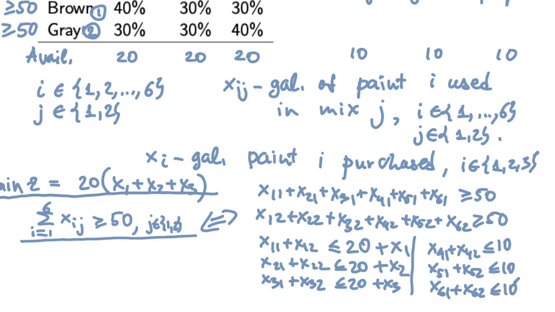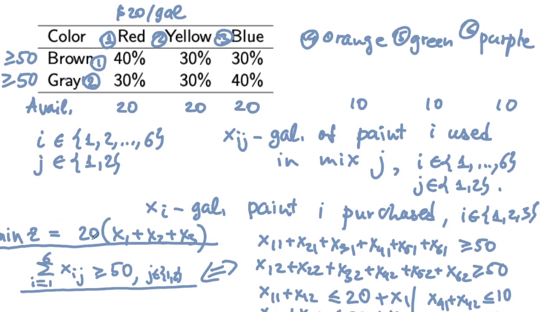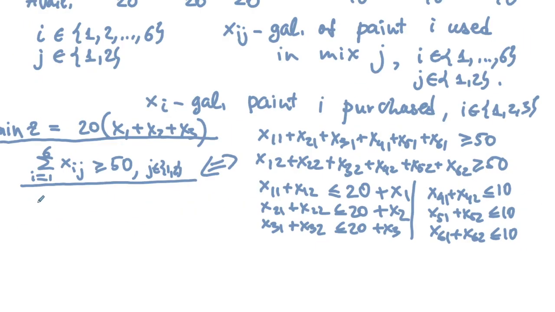Again, we could have written all these 6 constraints in a much more compact fashion. For primary colors, we have xi1 plus xi2 is less than or equal to 20 plus xi. This is for i between 1 and 3.